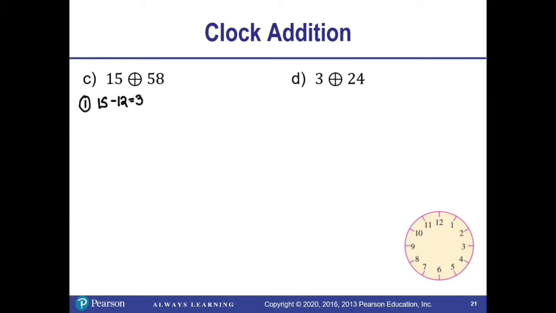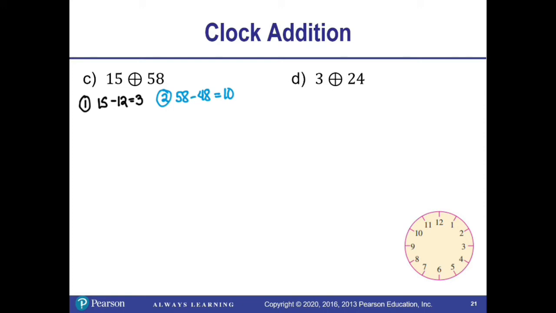So 12 times 1 is 12. 12 times 2 is 24. 12 times 3 is 36. 12 times 4 is 48. We're getting closer. 12 times 5 is 60. That's too big. So I want to think about 12 times 4, which is 48. So 58 minus 48 is 10.